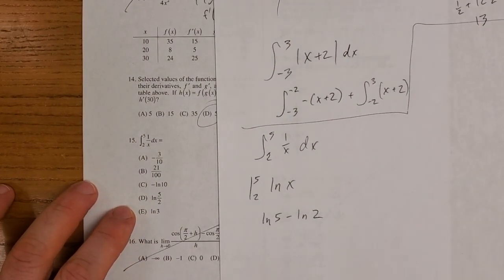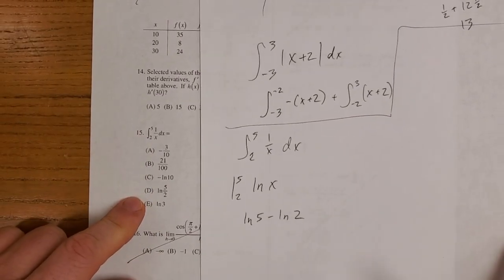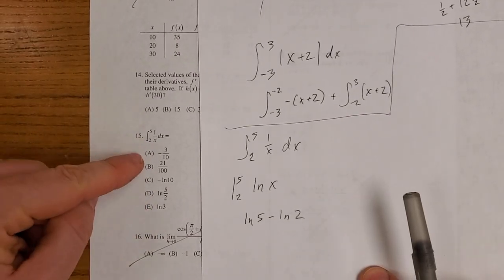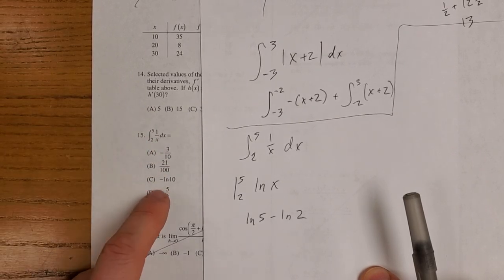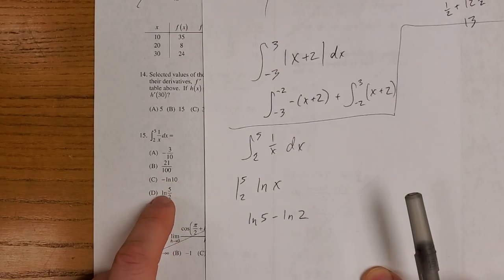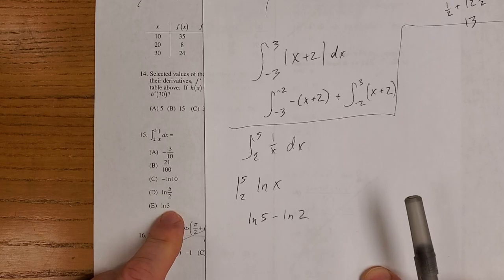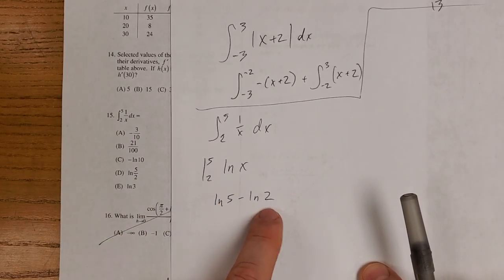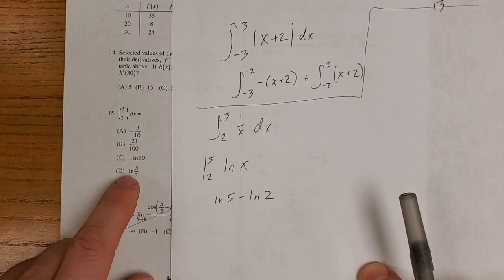First, let's start with none of those answers match that, right? You know it's not going to be A or B because there's no natural log in there. So that leaves us with negative natural log of 10, natural log of 5 over 2, or natural log of 3. So you think, well, 5 minus 2 equals 3, but subtraction of logs doesn't work that way, so it's not going to be that either.